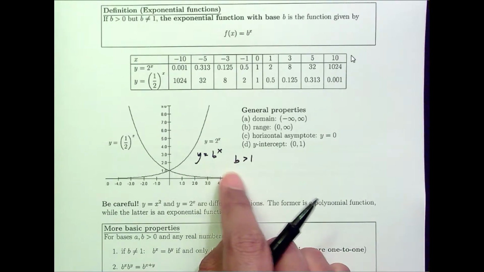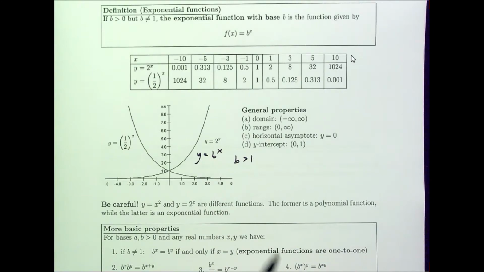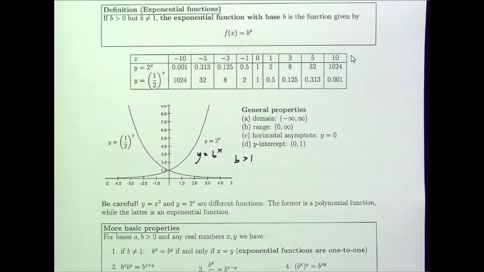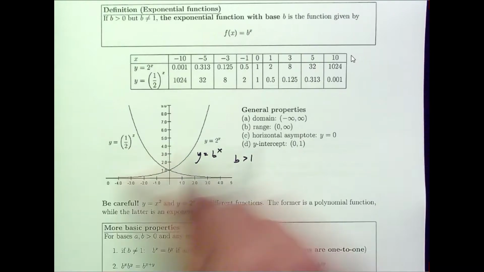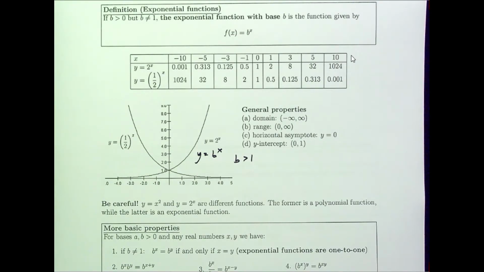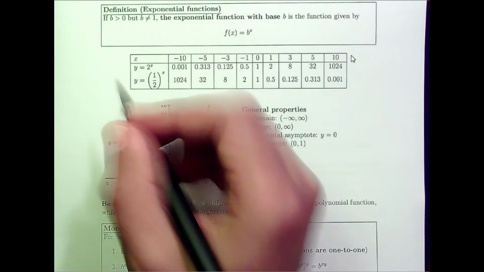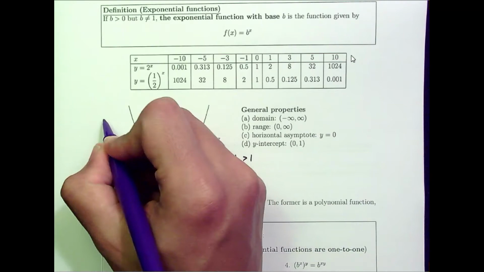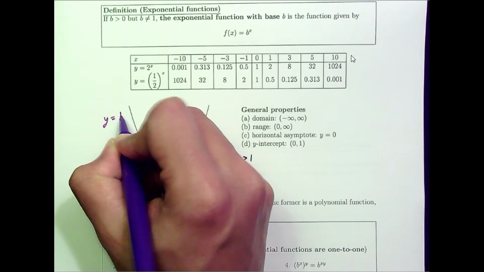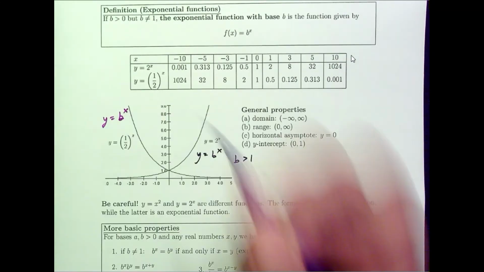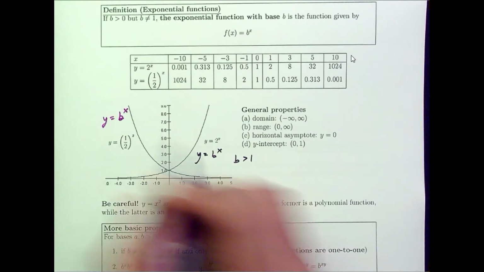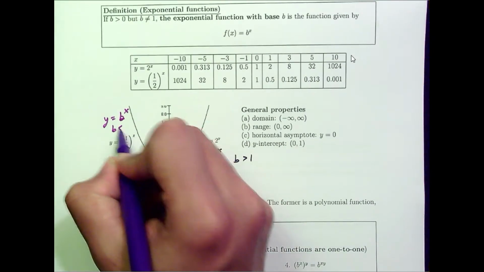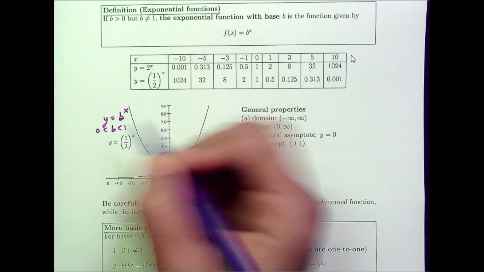So if the base is bigger than 1, then the graph is going to look like that for sure. And this one right here would be representative of all the exponential functions where the base is between 0 and 1.